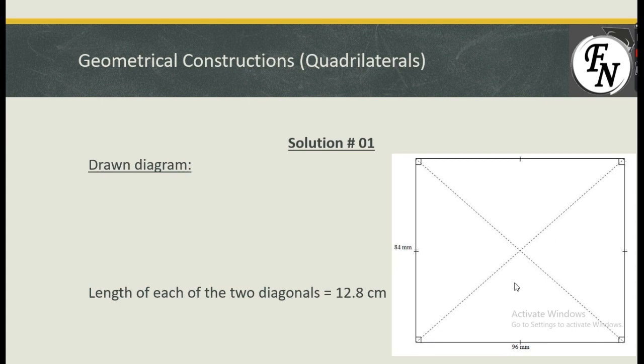We can measure it from here to get our diagonal. We place our ruler here and measure the length from here to here, that is the diagonal, and it turns out to be 12.8 centimeter in both cases of the diagonals. So this was the solution of this question.